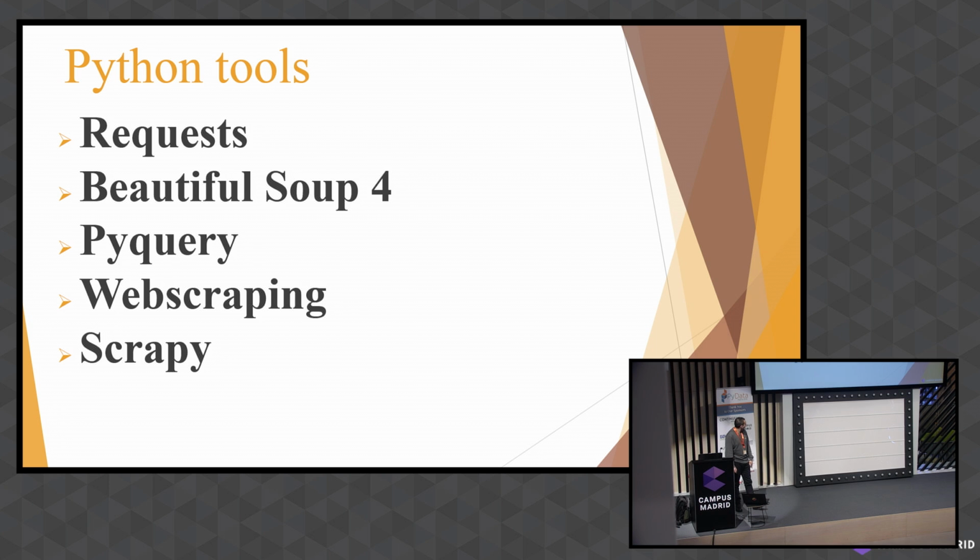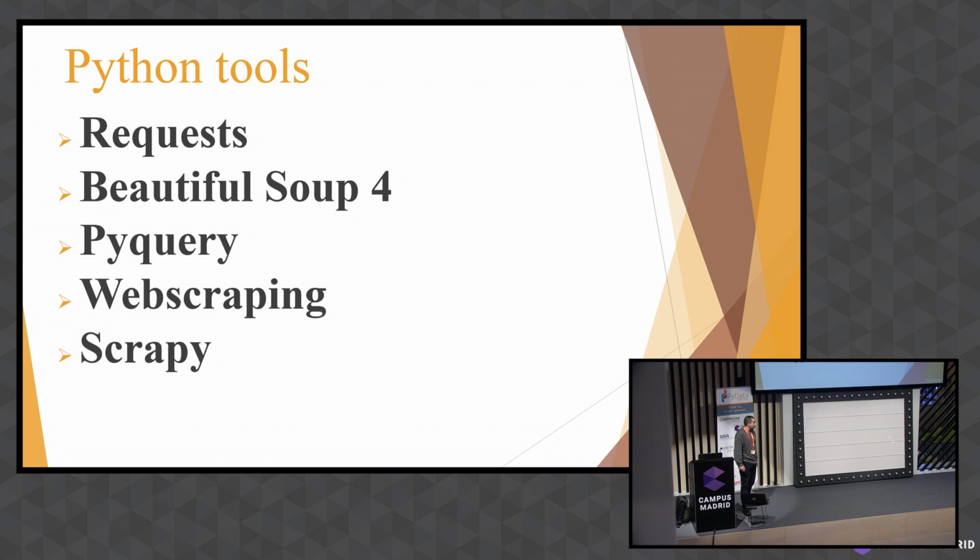The main tools that we have in Python, we can use these tools. Requests is the main module in Python for making a request to a URL or API REST, for example. Beautiful Soup is the other module. Beautiful Soup is the parser that extracts the information that we want.